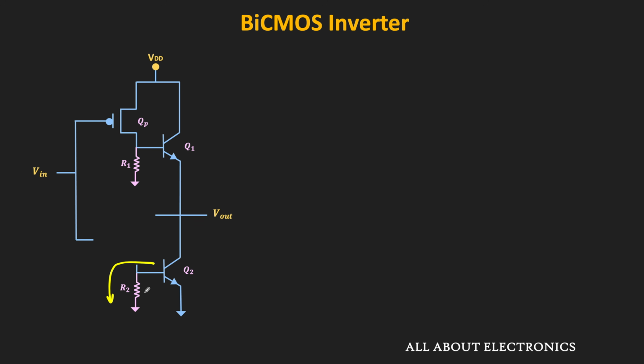But when we are using passive resistors, there will be a static power dissipation in the circuit. For example, when the input is low, this PMOS transistor will be in the on condition, and therefore it will act as a short circuit. So in this condition, through this transistor QP and the resistor R1, there is a direct path between VDD and the ground terminal, and through this path we will have static power dissipation.